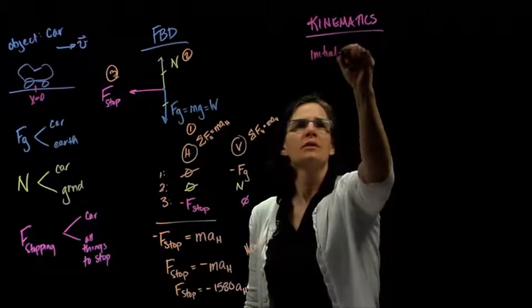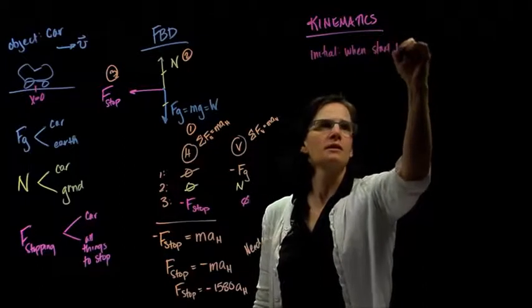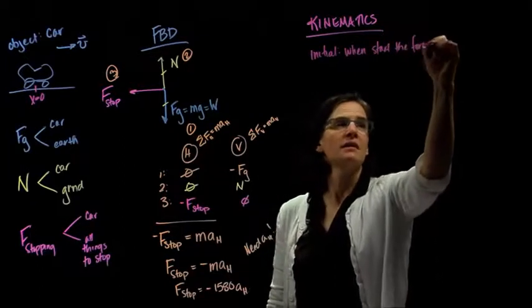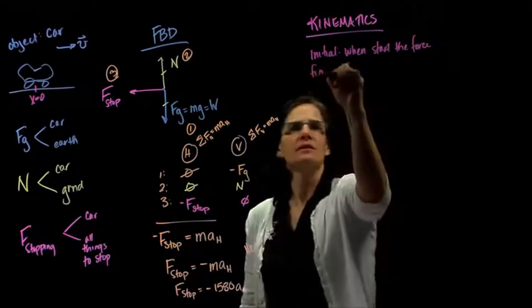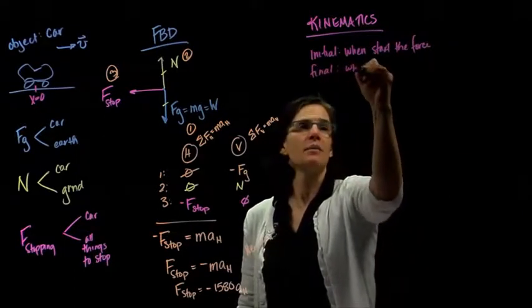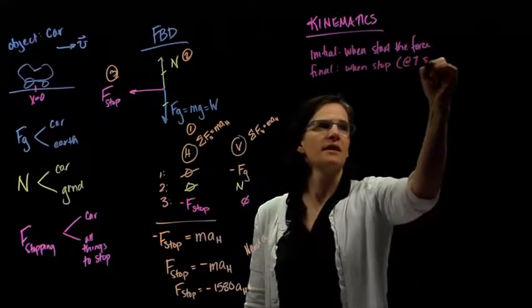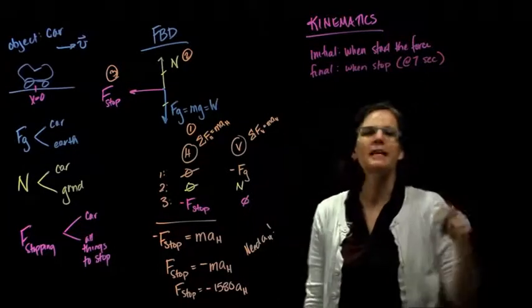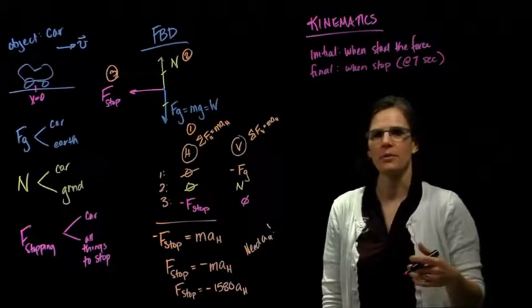Initially, we're interested in when we start the force, so when the force begins the slowing down. And final, well, that's when it comes to a stop, at 7 seconds. We're told it comes to a stop in 7 seconds. So both of those describe when we've stopped caring about the motion.